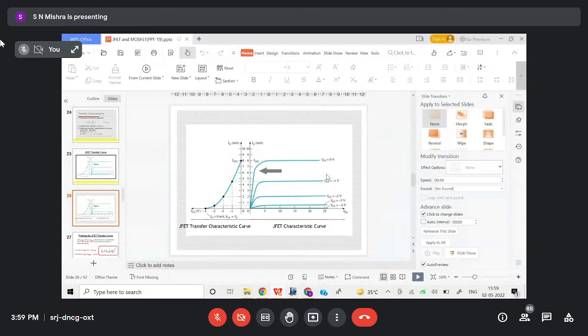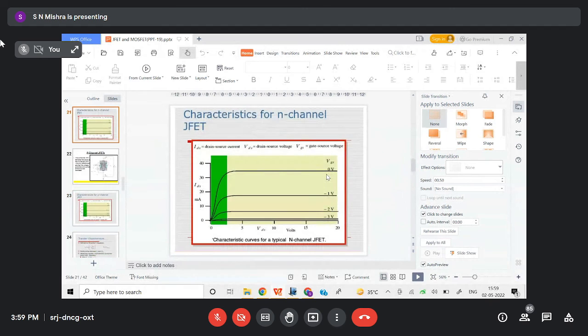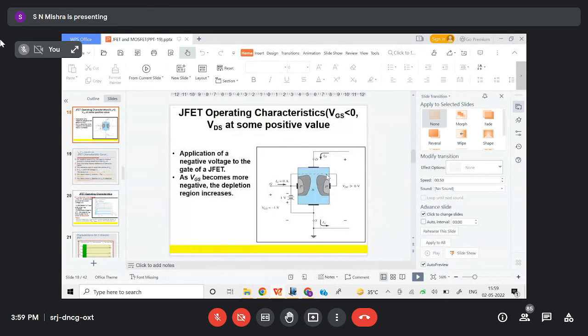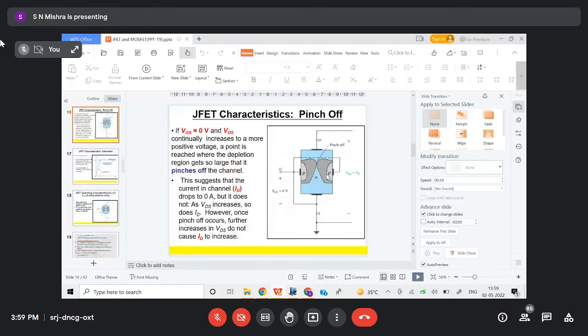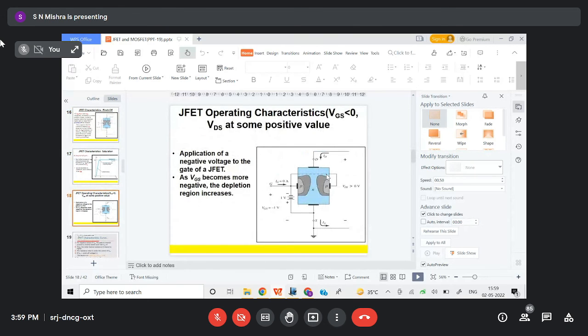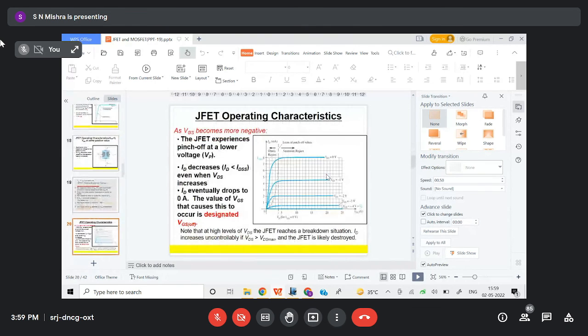So this is all about your junction field effect transistor. You may get a question like define or explain the operation of N channel JFET or P channel JFET. You have to explain by connecting VGS 0 volt, then the characteristic, then VGS minus 1, how it is decreasing.